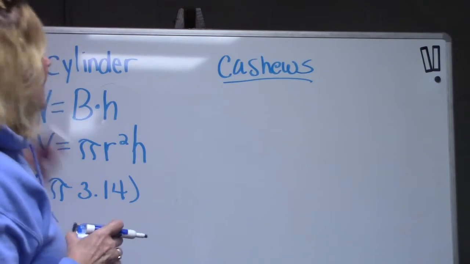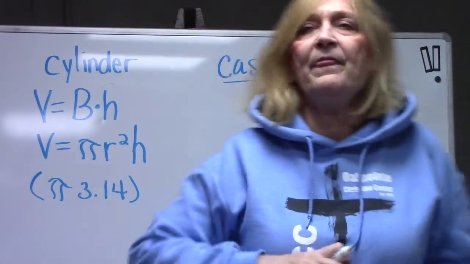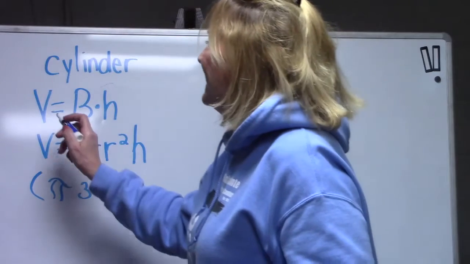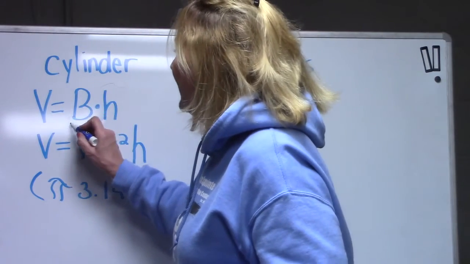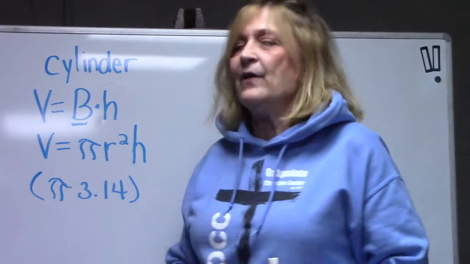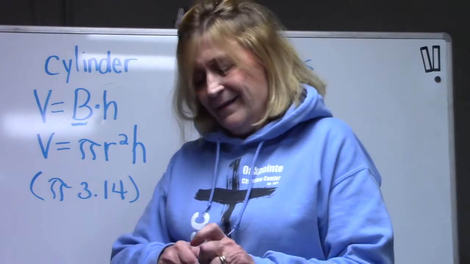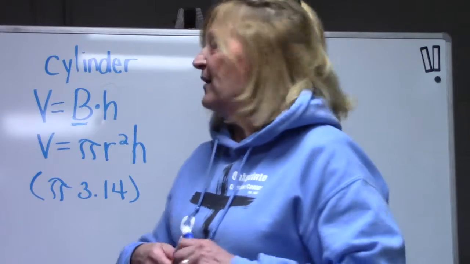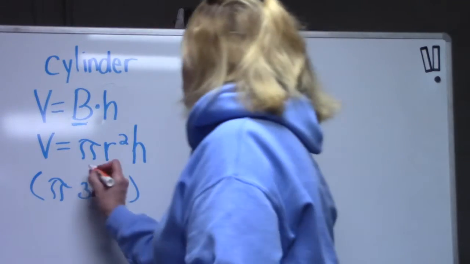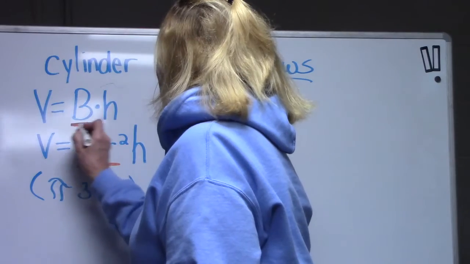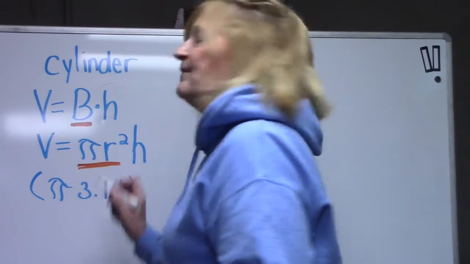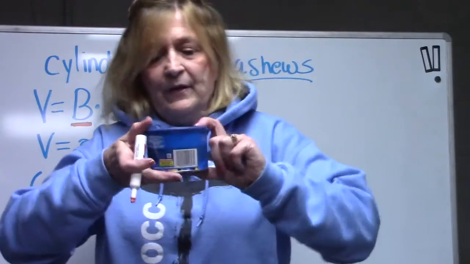I know that the volume is defined as the base, see that capital B? That's like the area of the base. Well, rather than trying to remember two different formulas, let's just work off of this. This formula right here would be the area of a circle, which of course is going to be your base.